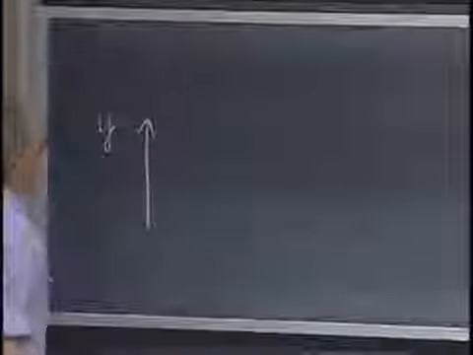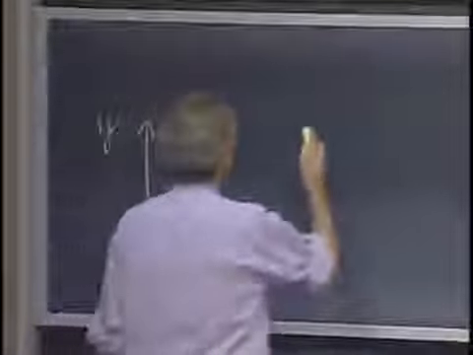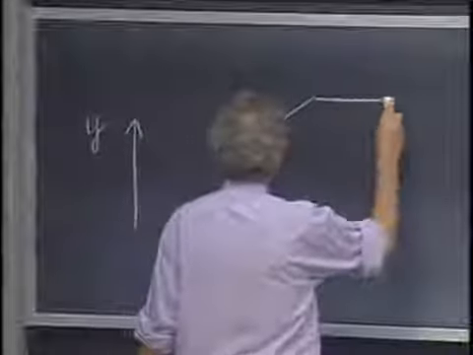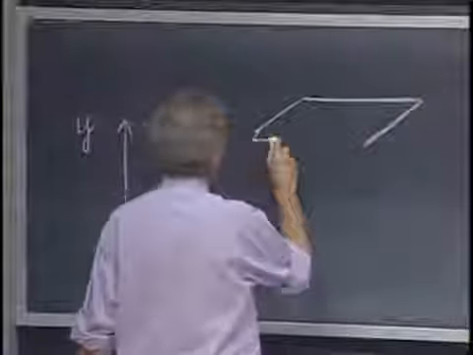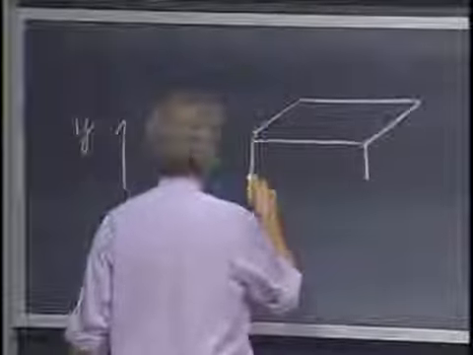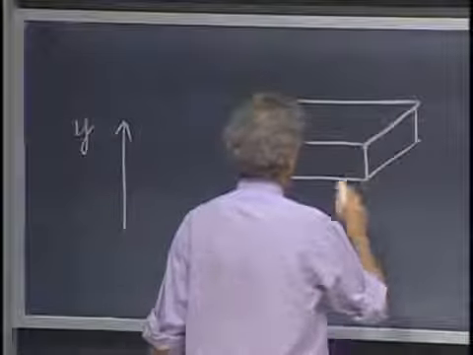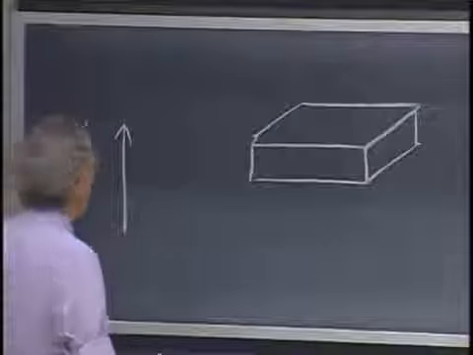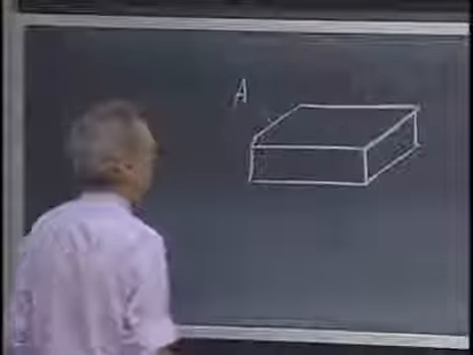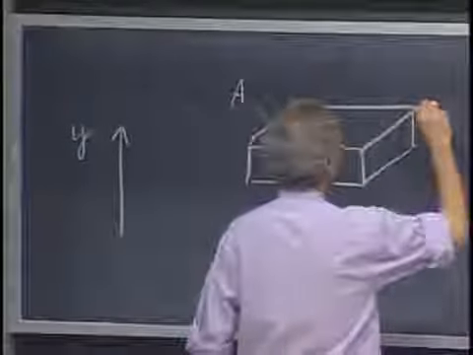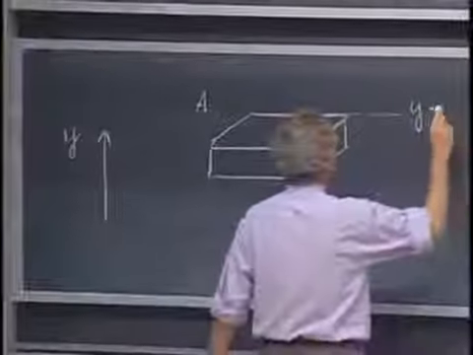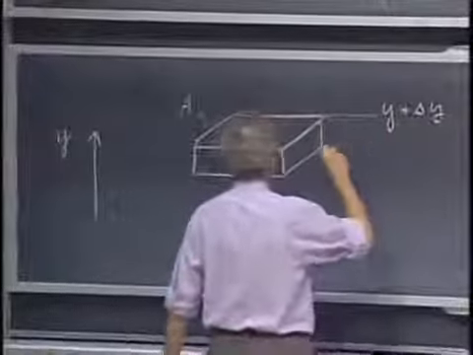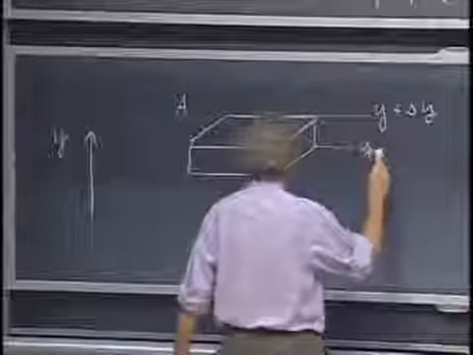Let this be the direction of increasing y. And I choose a liquid element, so this is in the liquid itself. I can choose it in any shape that I want to. I just take a nice horizontal slab. And this is area A, so the bottom is also A. And let this be at height y plus delta y, and this is at height y.